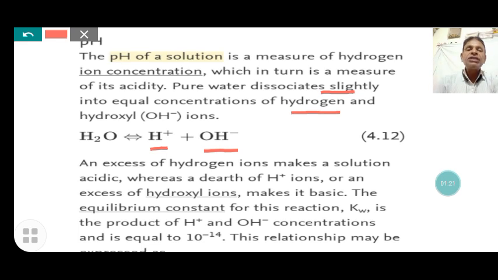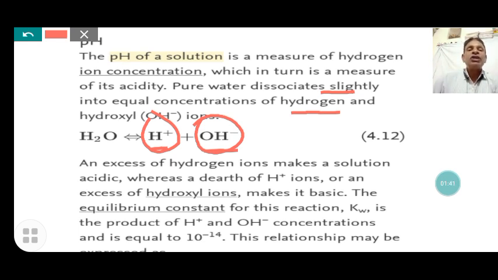Here, an excess of hydrogen ions makes the solution acidic. If the hydrogen ion concentration is more than the hydroxide ion concentration, the solution becomes acidic, and when the hydroxyl concentration is more than the hydrogen, the solution becomes basic. That is the concept of the pH scale.